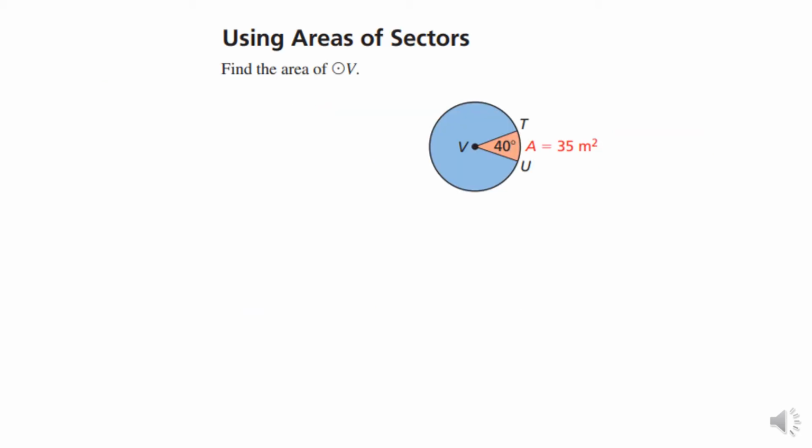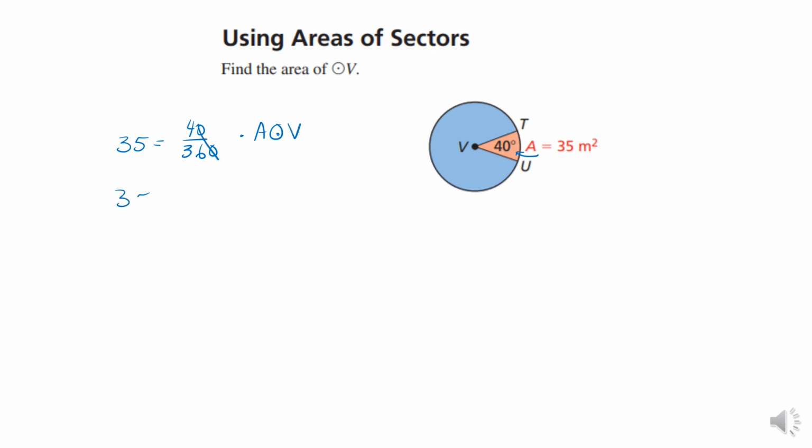Okay, so here is find the area of the circle. So this one, they gave us the area of the sector. Okay, so we're going to set that up. The area of the sector is 35. And that equals 40 over 360, that's our portion of the circle, times the area of circle V. So we're going to cancel that.